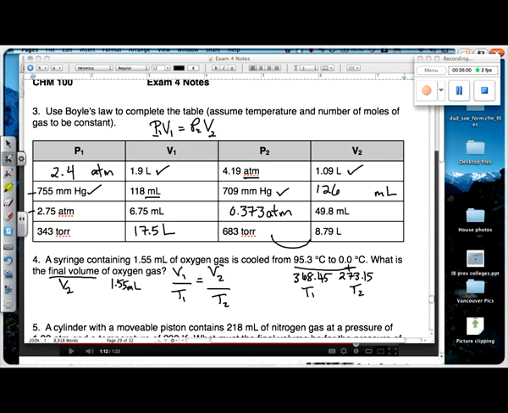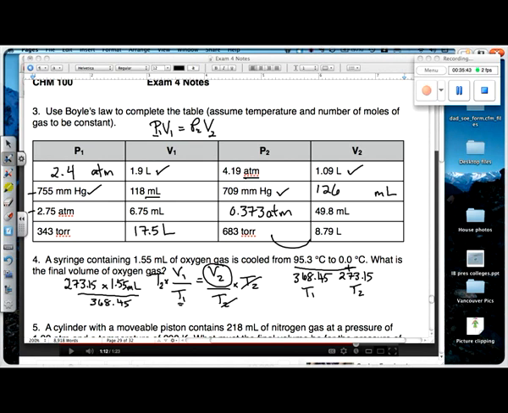Okay, so plugging in V1, 1.55 mL. Now we are solving for V2, all right? So I'll be taking T2 to the other side, so it'll actually end up being here because I'm multiplying both sides by T2, okay? So 1.55 mL times T2, 273.15. I'm going to do a little erasing here, so we're not confused. So times 273.15 divided by the T1, which is 368.45.